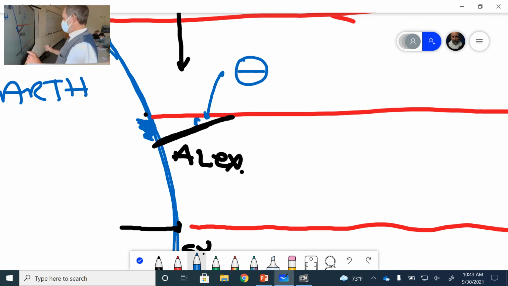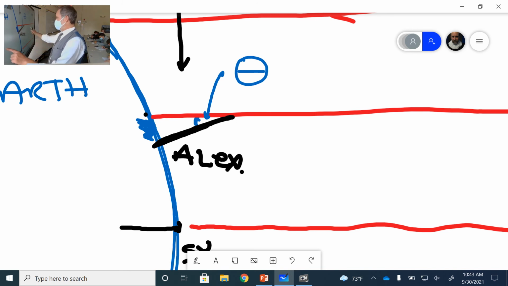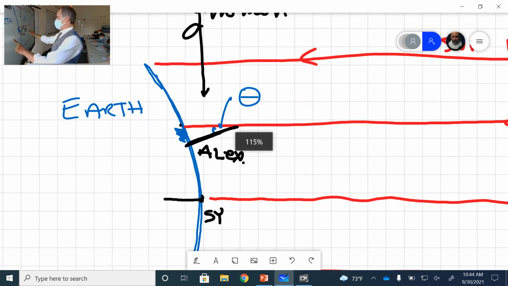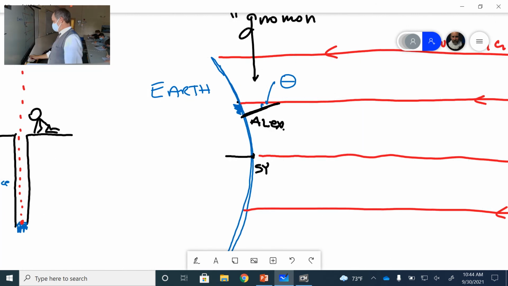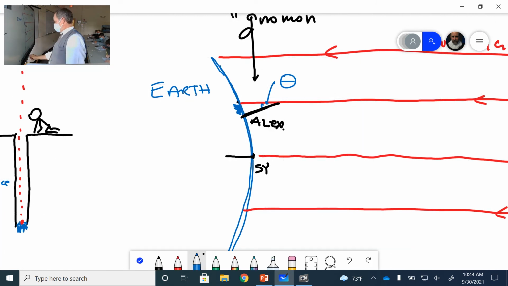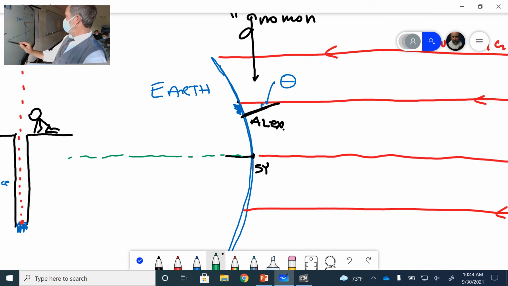And here's why he thought that was valuable. His idea was this. I'm going to draw a line from Syene straight to the center of the Earth. Now I'm going to draw a line from Alexandria straight to the center of the Earth.